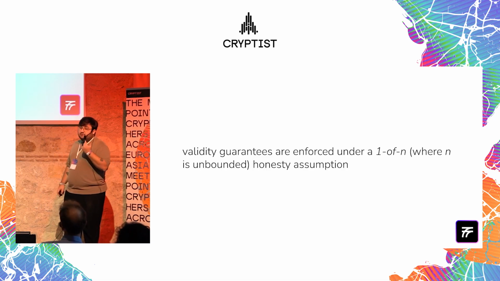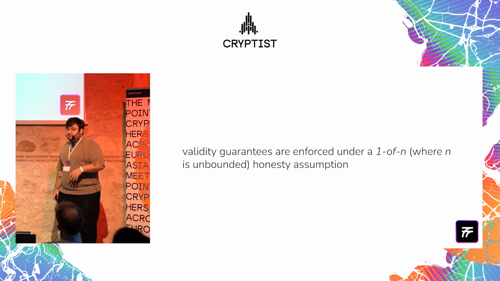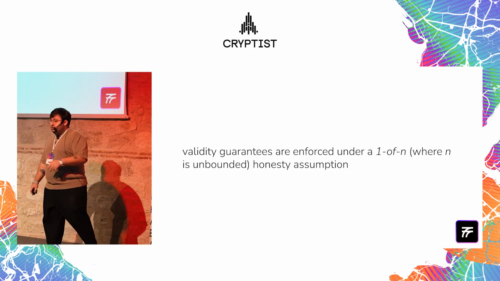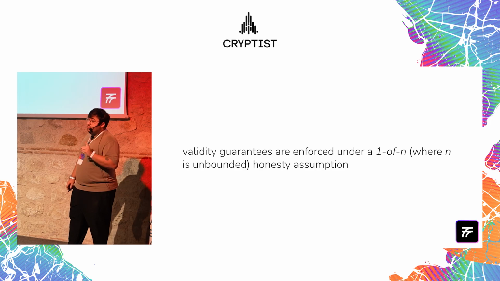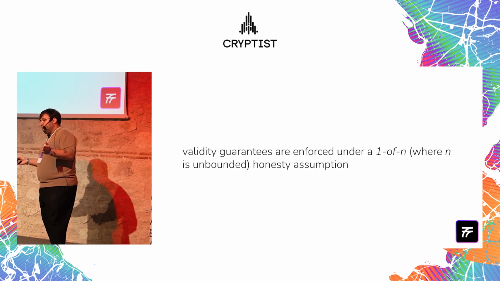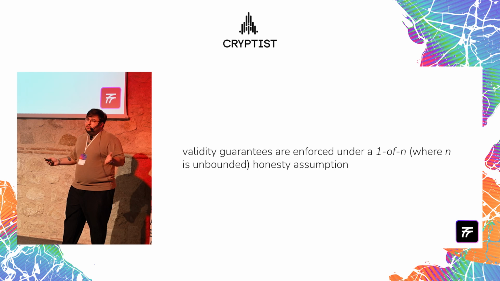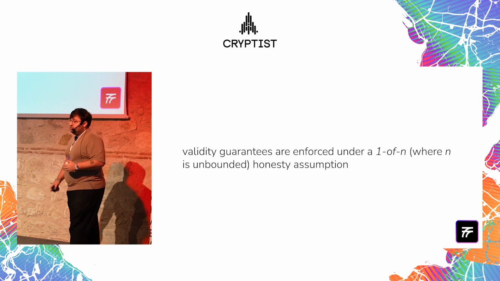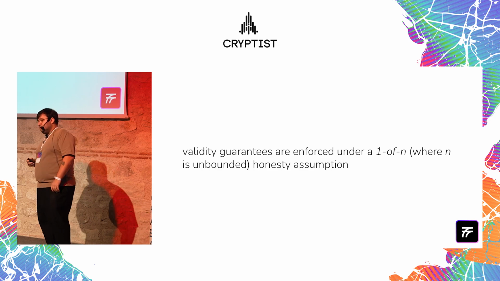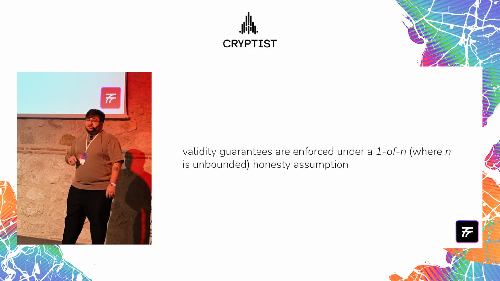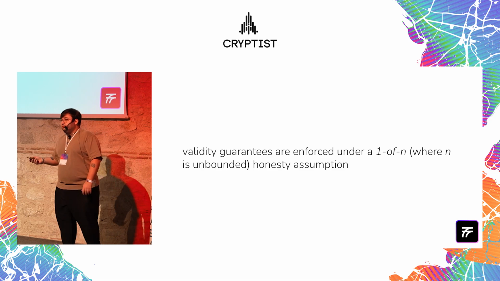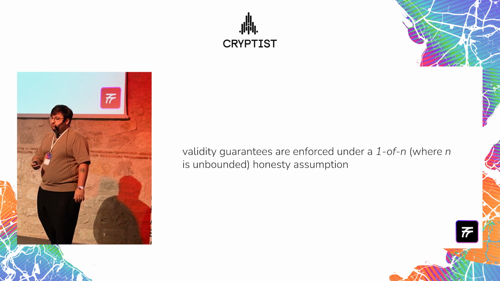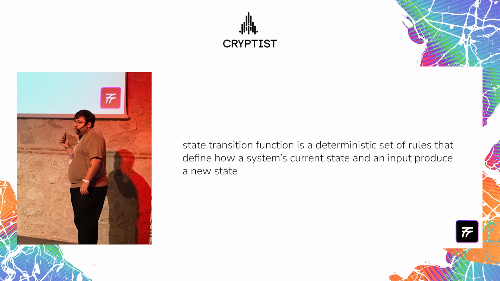And in case of classic rollups, validity guarantees are enforced under 1 of n, where it's important to note that n has to be unbounded, because if you don't do that, it's quite easy to construct a permissioned committee that has 10 members, and you only need one of them to be honest, and it's not as secure as an unbounded construction. So it can be 1 of n in case of optimistic rollups, or it can be just the soundness of the underlying zero-knowledge proof construction if you're using a ZK proof. So if it's a ZK rollup, essentially.